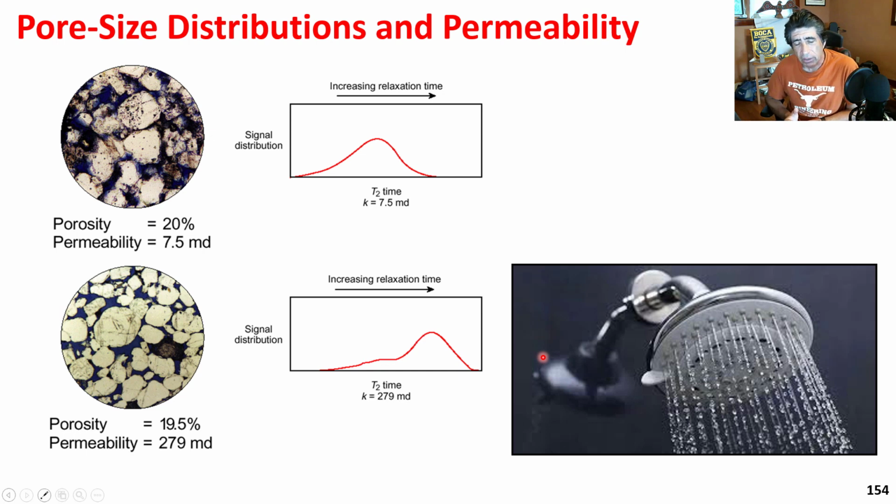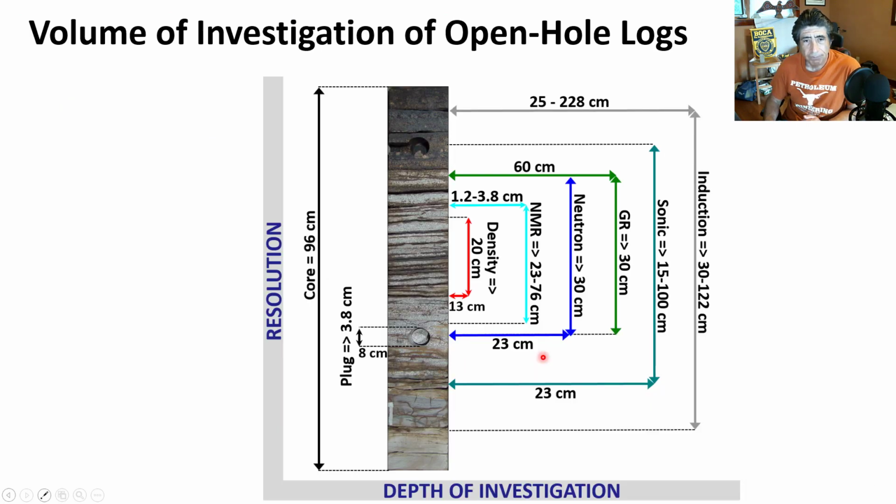Of course, the magnetic resonance principle is looking at pore sizes, not throat sizes. To look at throat sizes, we have to use the principle of mercury intrusion capillary pressure, for instance, but very often there's a correlation between pore sizes and throat sizes, and that's the reason why I invoke this example of the shower head to understand the differences in response here.